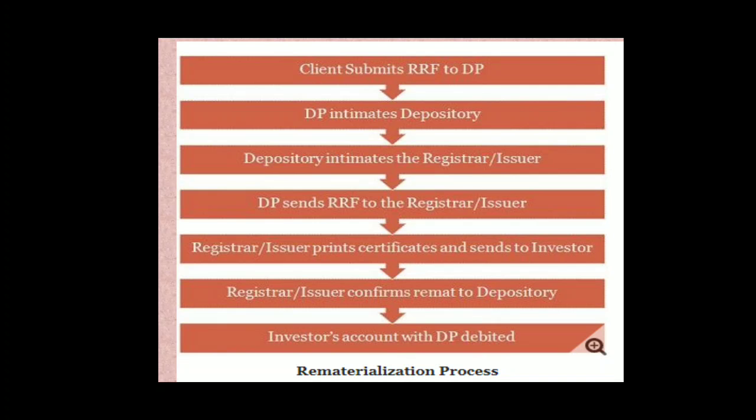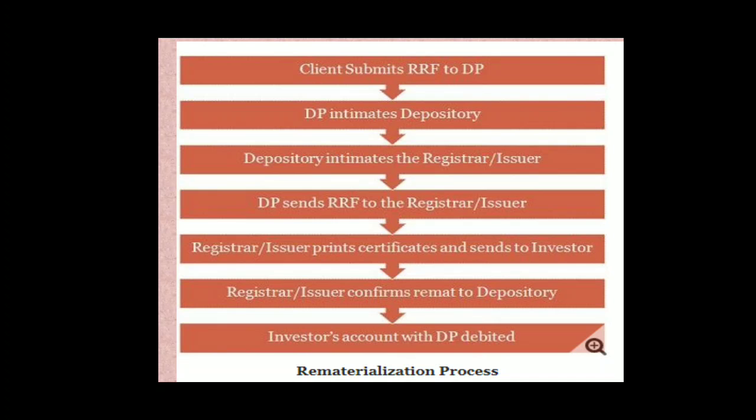That's why the second step is that the depository participant will intimate the depository about your request of rematerialization, and then the depository will inform the registrar or the issuer, the company whose share certificates you are holding, so that the registrar or issuer will issue, or print, a new physical share certificate for you.